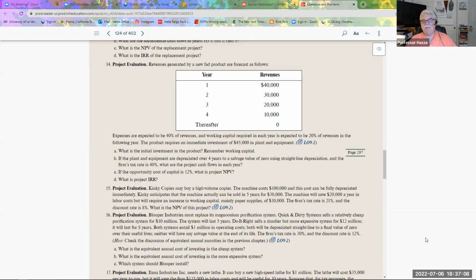This project is an investment of $45,000 in plant and equipment, and it's generating the following revenues for its depreciable life of 4 years: $40,000, $30,000, $20,000, and $10,000. That's the revenues. The expenses are expected to be 40% of revenues.